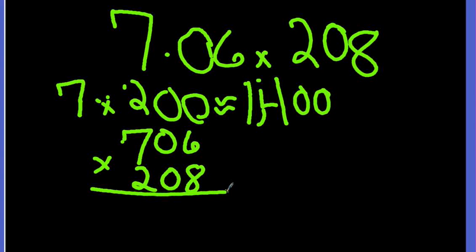And then 6 times 8 is 48. And then 8 times 0 is 0 plus 4 equals 4. And 7 times 8 is 56.